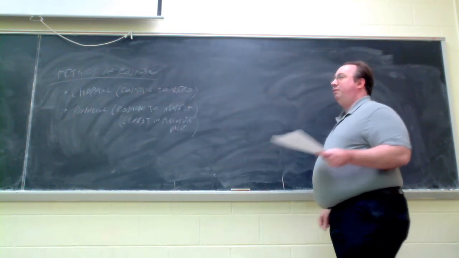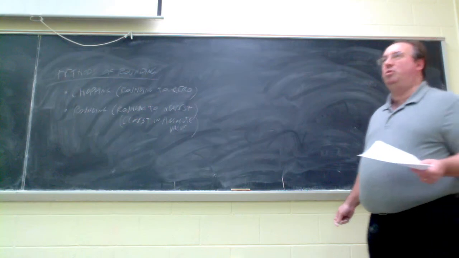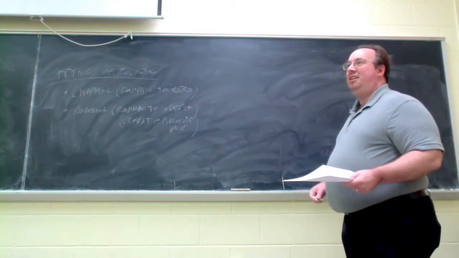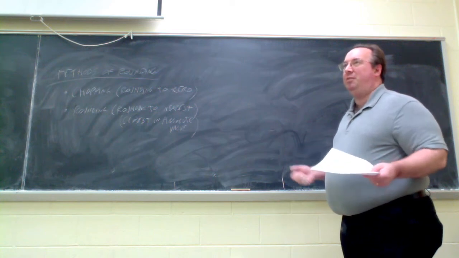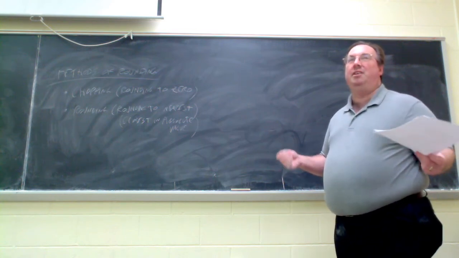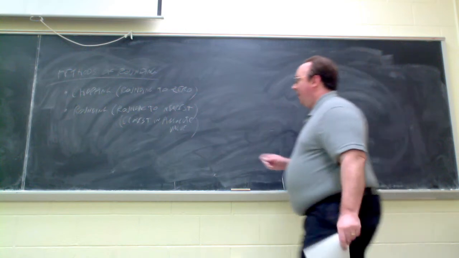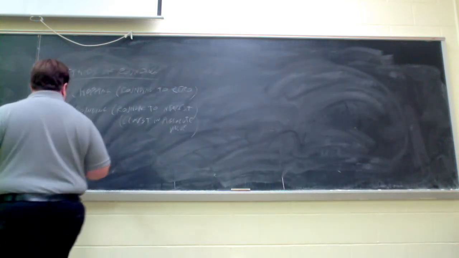But that requires some sort of tie-breaking rule. So for instance, if it's 89.5 exactly, do you round up or round down? The convention that I learned in school was to round up, but that's not the tie-breaking rule that is used here.